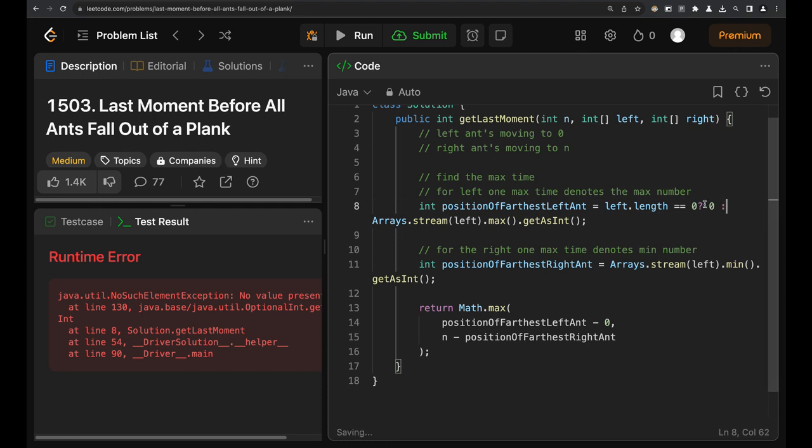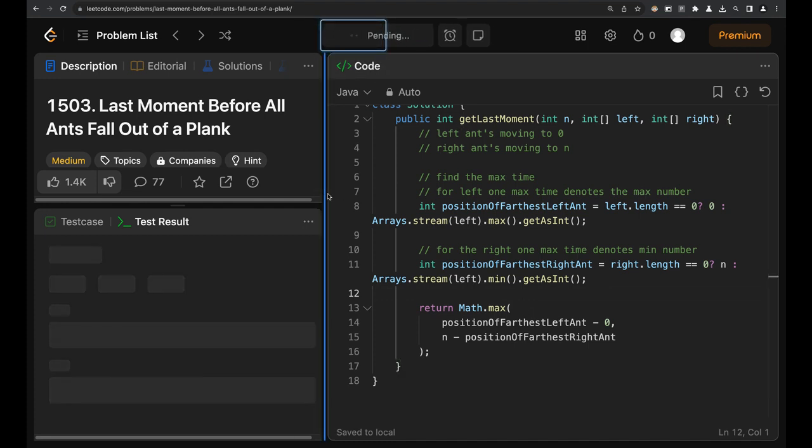Because 0 is the worst case maximum, as it's a minimum value. Same goes here: if right.length is equal to 0, then it's n, because it's the worst case for the minimum, as it is a maximum number.